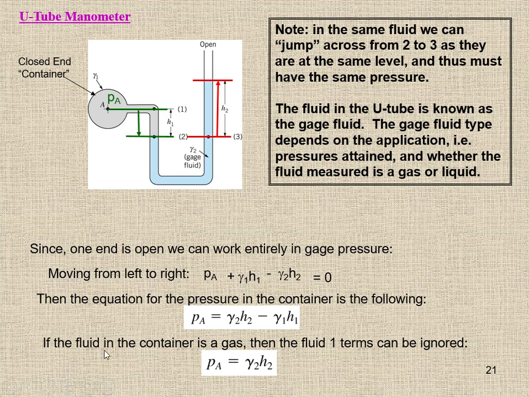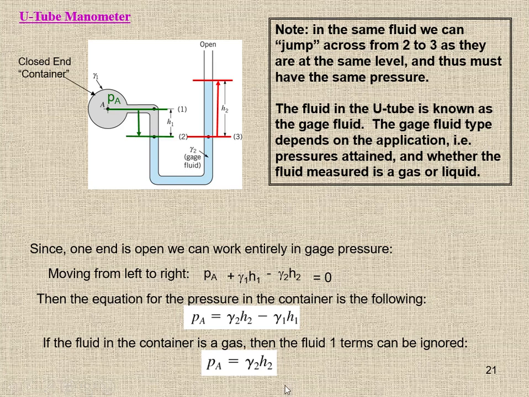If the fluid in the container is a gas, then the fluid 1 term can be ignored. Because the density of the gas is very low, the component of gamma 1 and H1 can be neglected.